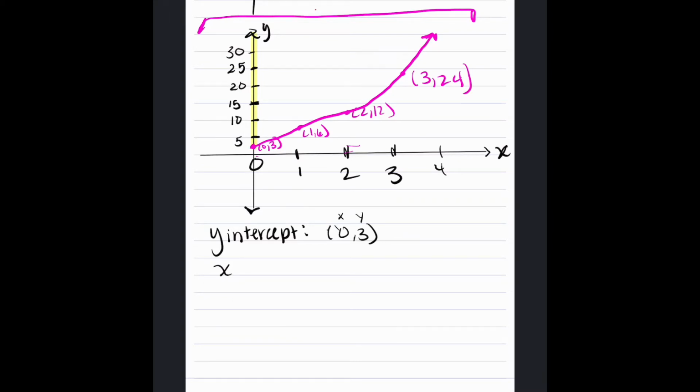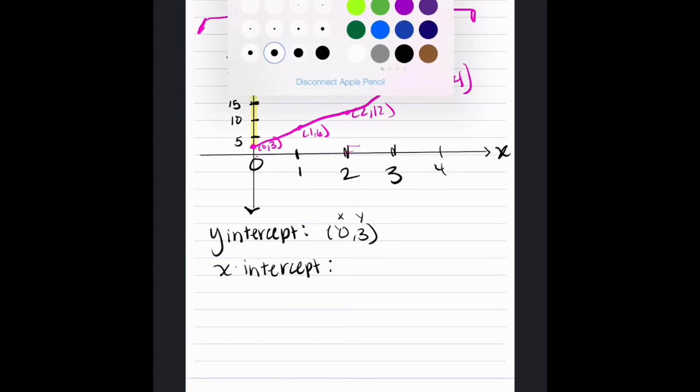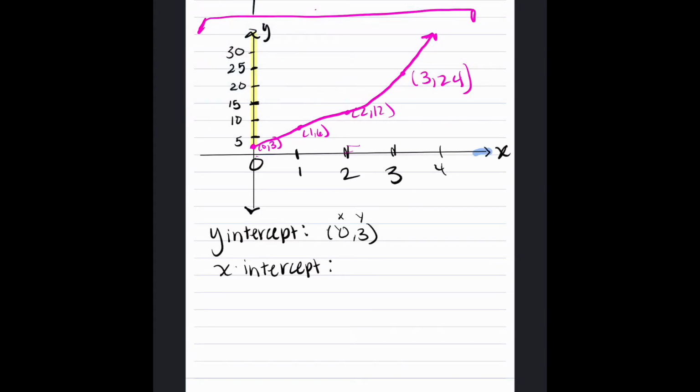Now my x-intercept is where the graph touches the x-axis. I'm going to highlight my x-axis in blue. This is my x-axis here. And my graph never touches this blue axis. So I'm going to say that there is no x-intercept, or none.